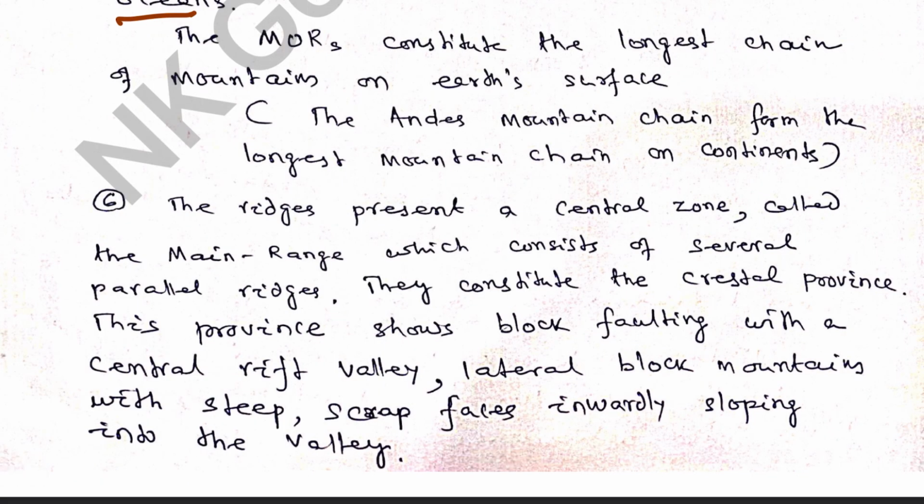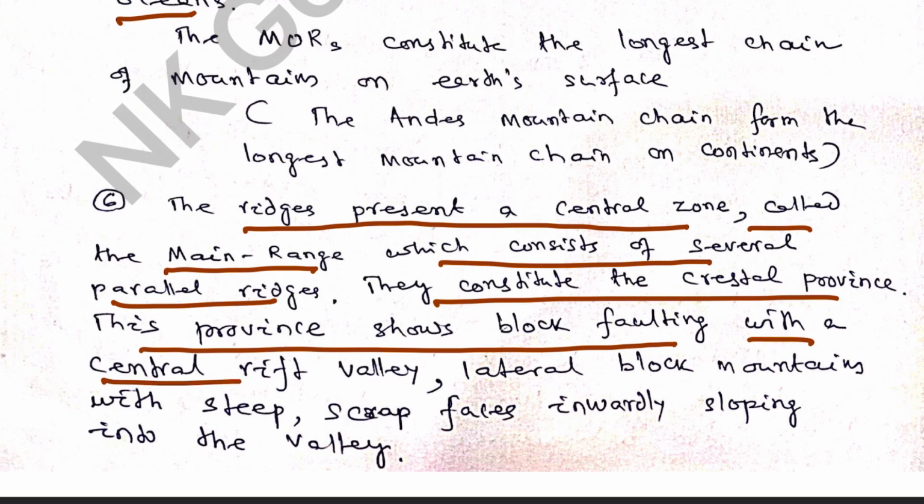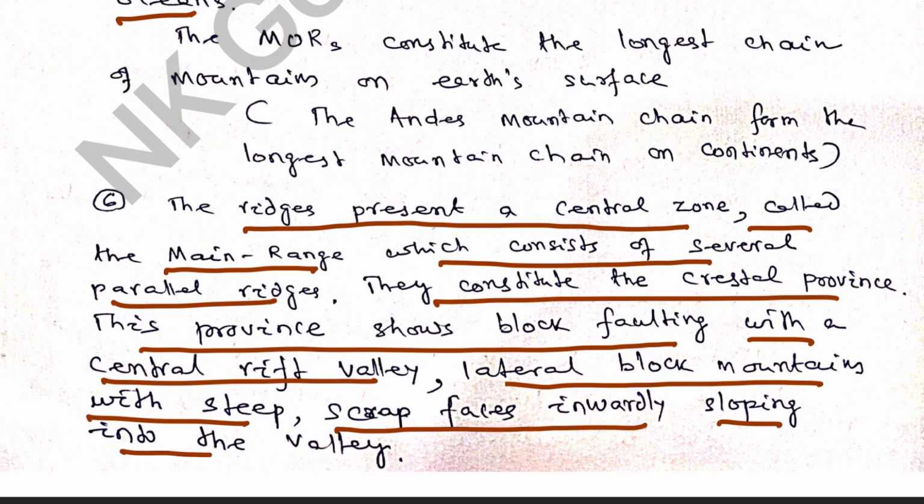The ridges present a central zone called the main range, which consists of several parallel ridges. They constitute the crestal province. This province shows block faulting with a central rift valley, and lateral block mountains with steep scarp faces dipping inwardly into the valley.